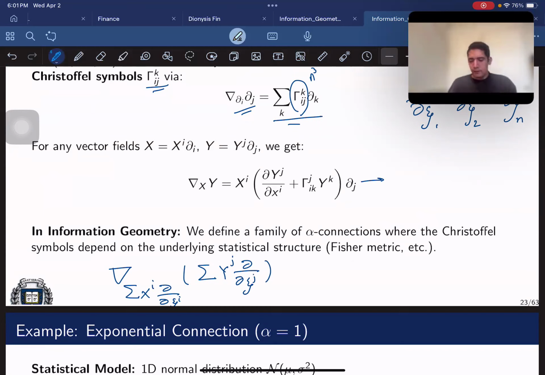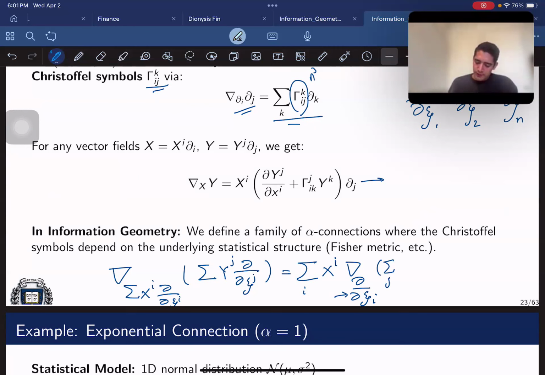Because of the linearity condition, we can write this as summation xi times the connection we are getting from moving y with respect to each basis.